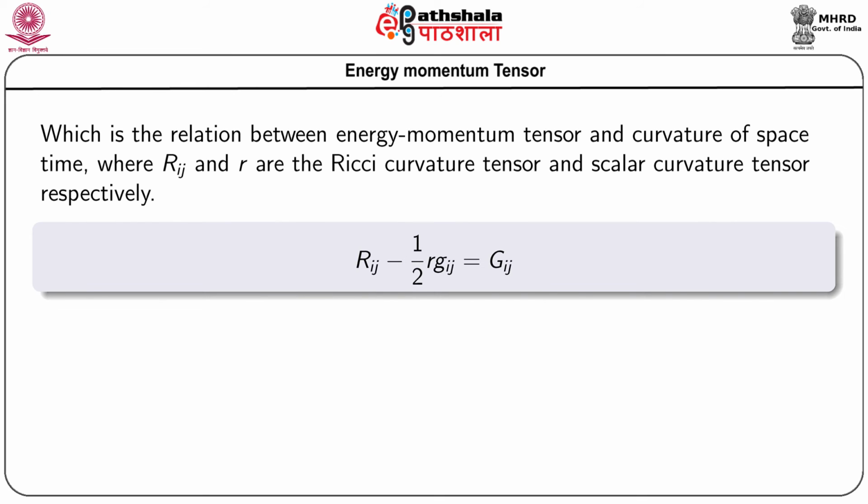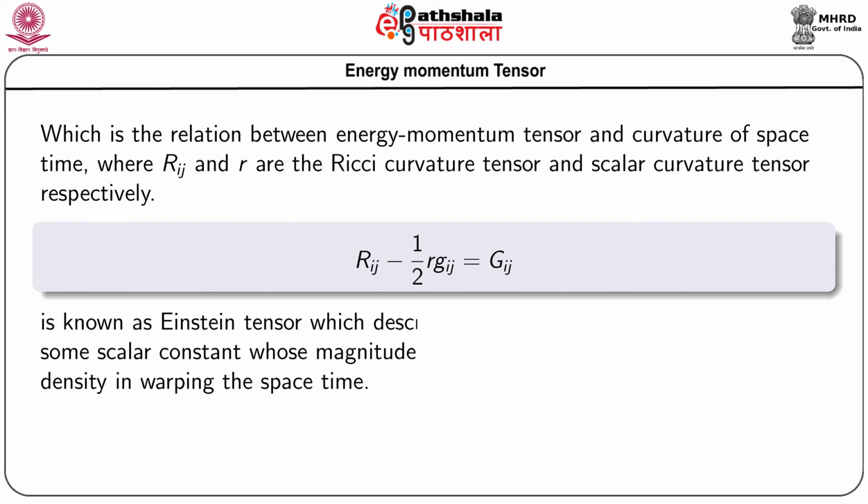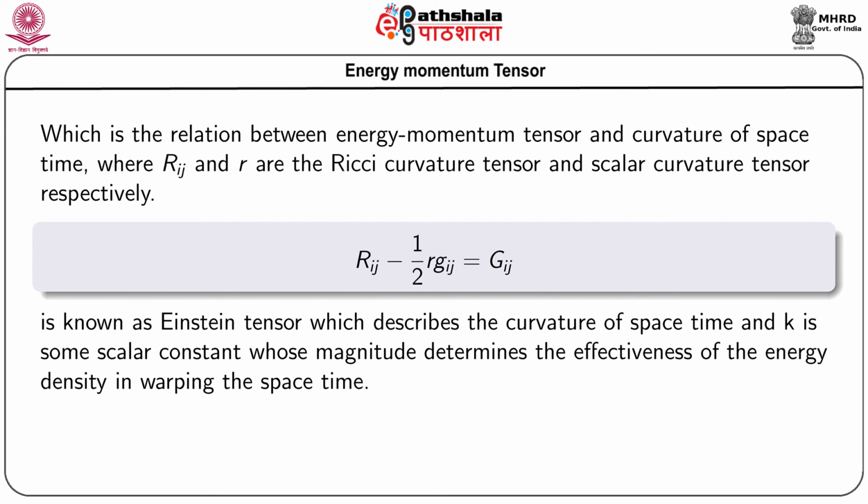And this can also be written in this form: Rij minus half R gij is taken as Gij, and this is called the Einstein tensor. So we can write Gij equals k Tij, where k is some scalar constant whose magnitude determines the effectiveness of the energy density involving the space time.